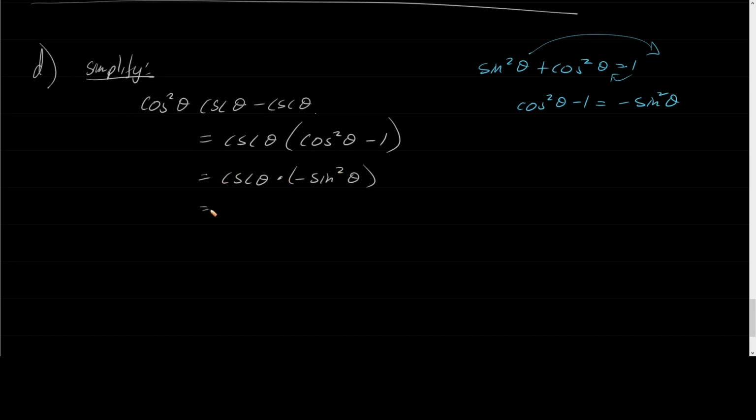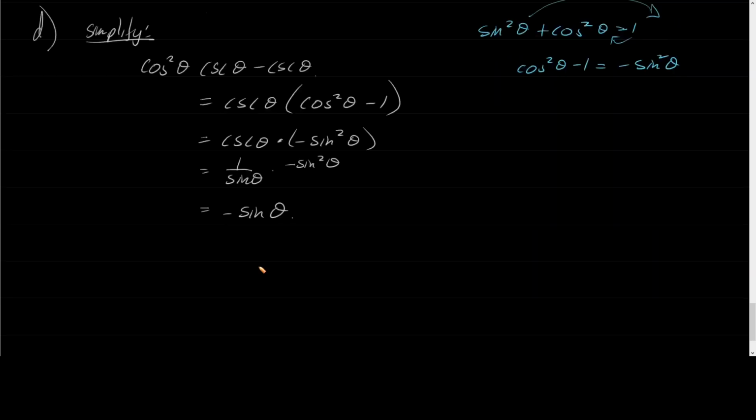But we know that cosecant is just the reciprocal of sine. So I can rewrite this as 1 over sine theta times negative sine squared theta, which simplifies to just negative sine theta. So I started with cosecant squared theta minus cosecant theta equals just simply negative sine theta. All right, and that's just one possibility there.